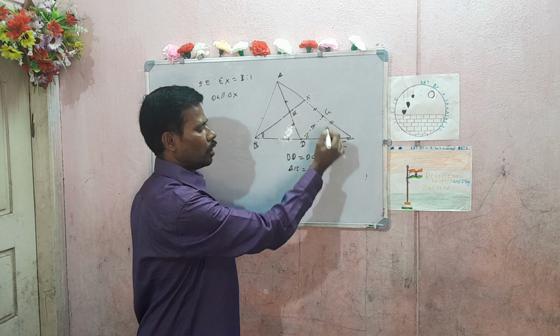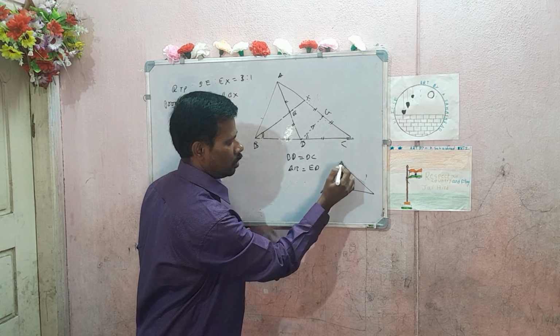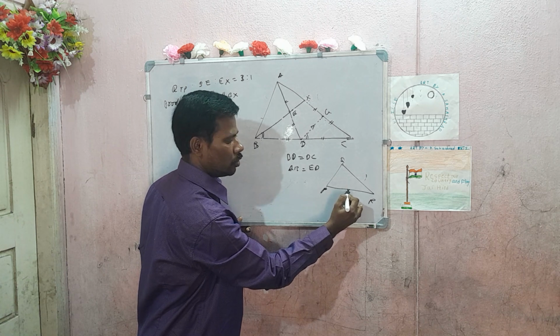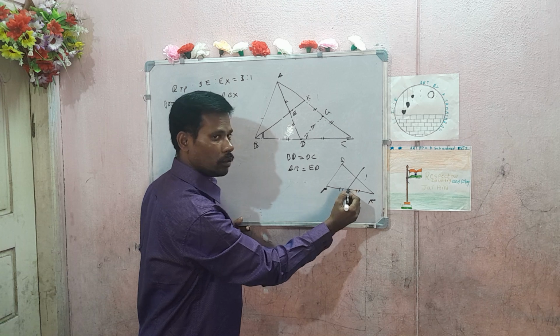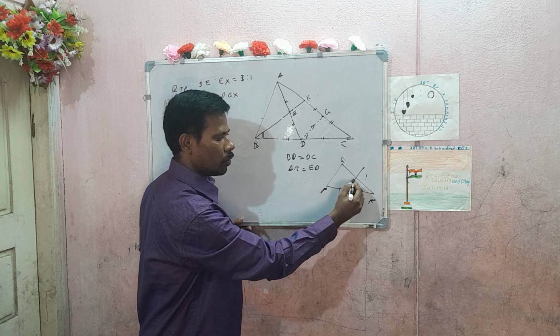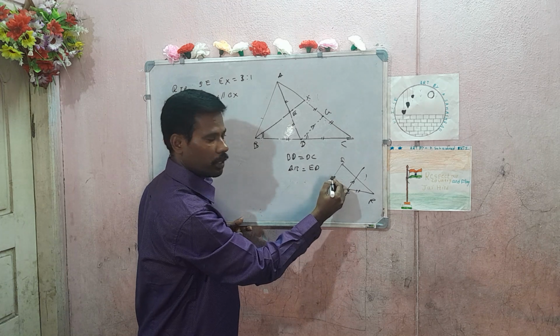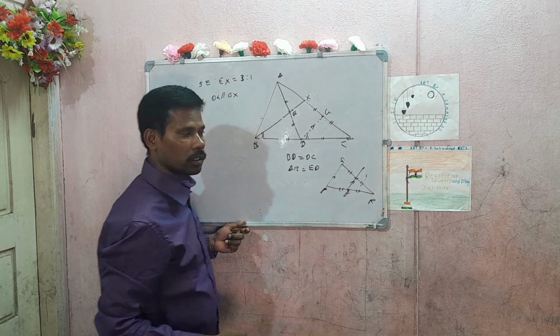That means if you draw a straight line like this, P, Q, R, through the midpoint, it will be the midpoint. That means this length is equal to this length.